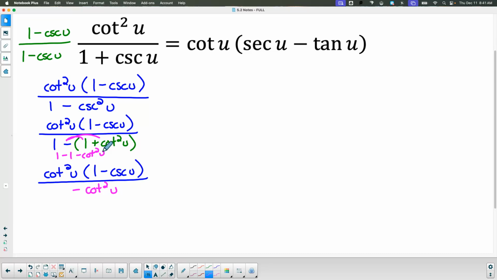Cancel out the cotangents. So if I cancel out the cotangents, I'm left with negative 1 times 1 minus cosecant. For some reason I'm struggling to write down cosecant today.